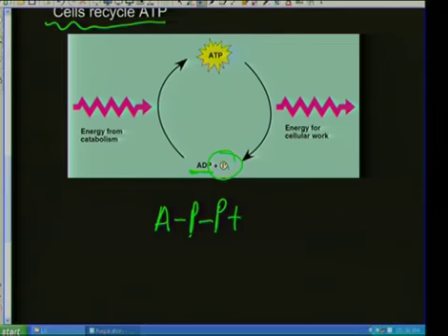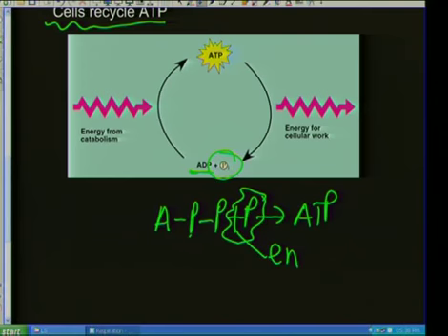Now, this one can be combined with another P to form ATP. At the same time, this last P there is associated with the energy. And when this P is given off there, the energy is released for cellular work, and the P from there is lost.